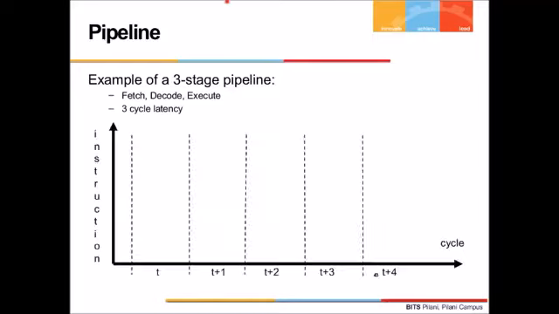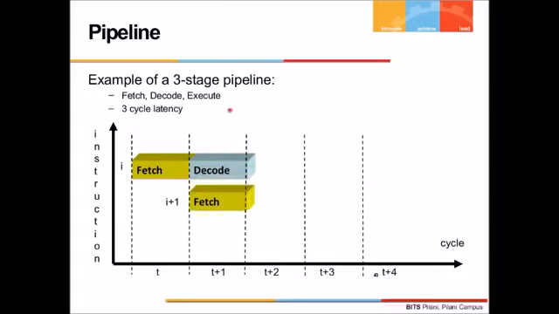Okay, so we'll take an example. Say for the first instruction, the instruction is fetched. Then it got decoded. At the same time, the fetch unit is free, right?